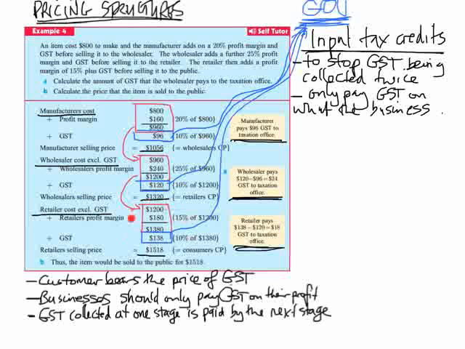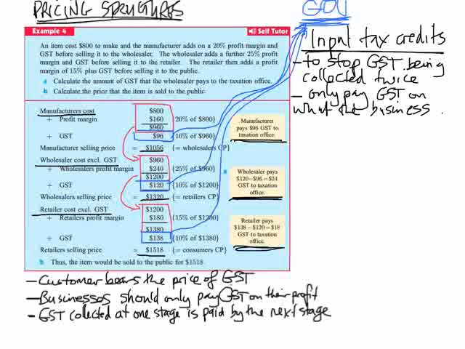The retailer this time, they are going to collect $138 in GST from the customer who paid the GST, but they realize that the wholesaler collected $120 already, according to their calculations. So the retailer claims the input tax credit of $120, subtracts that from the $138 that they collected.